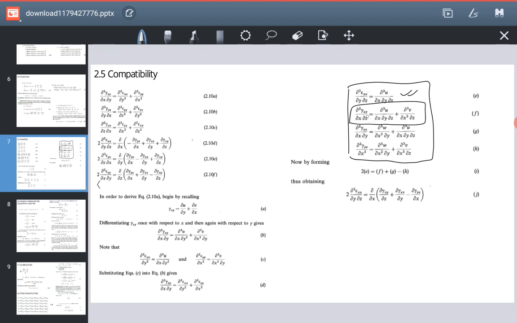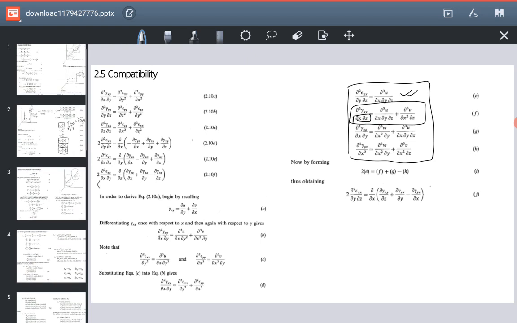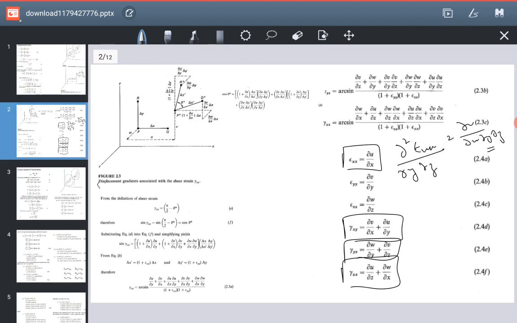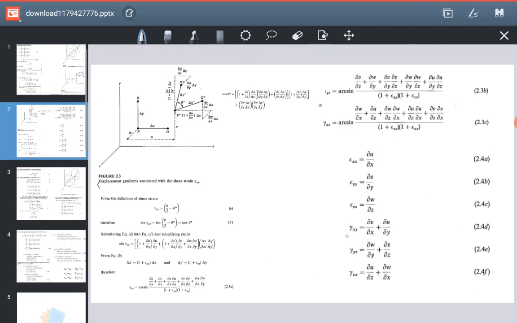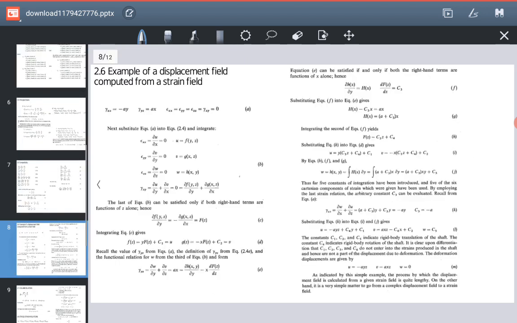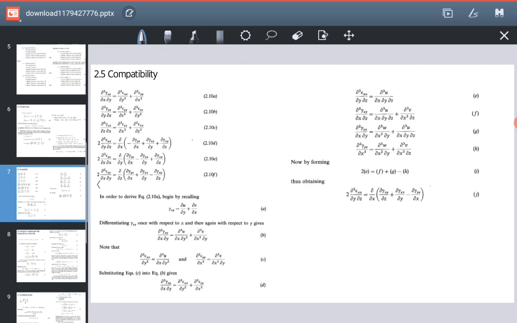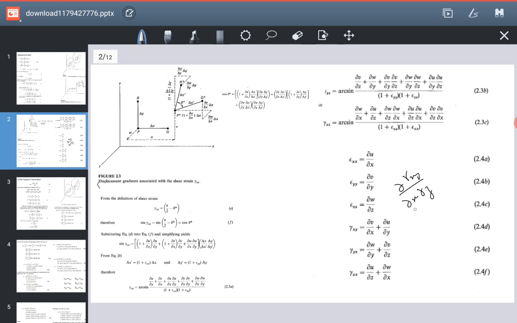So it says that xy will be dx and dz. So if I move on here, if I differentiate it with respect to dx and dz, if I'm not wrong, so we have dx and dz.